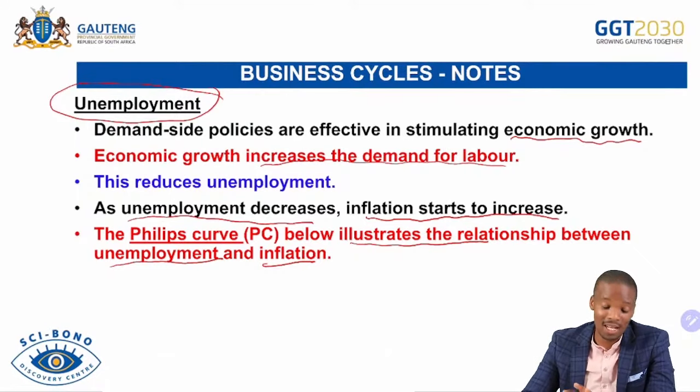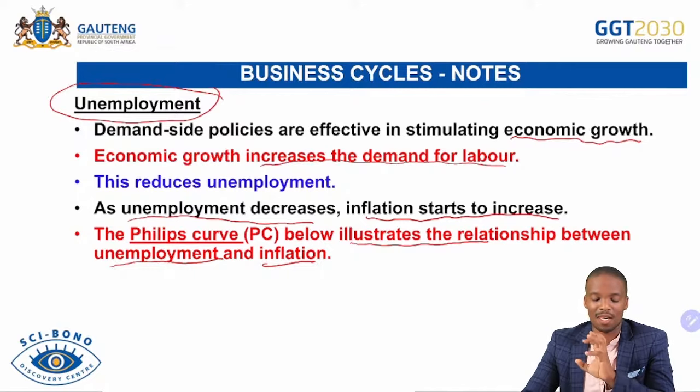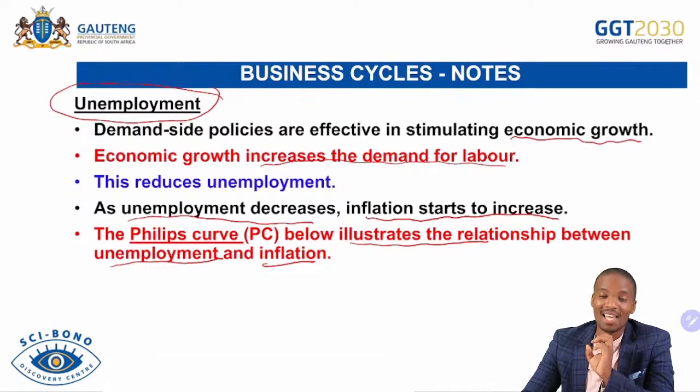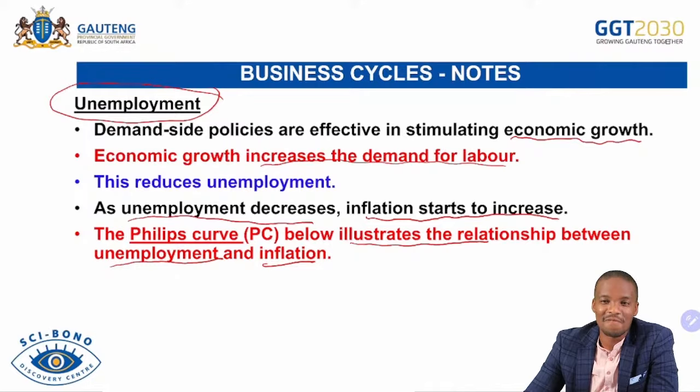Remember, this is another term that can be asked as a terminology. We can ask you to briefly give us the concept or economic terminology for the following: the relationship between unemployment and inflation. As an economics learner, your answer will be the Phillips curve. Then we can also ask you as a 2-mark question to briefly describe the concept Phillips curve. Then you are going to say, it illustrates the relationship between unemployment and inflation.